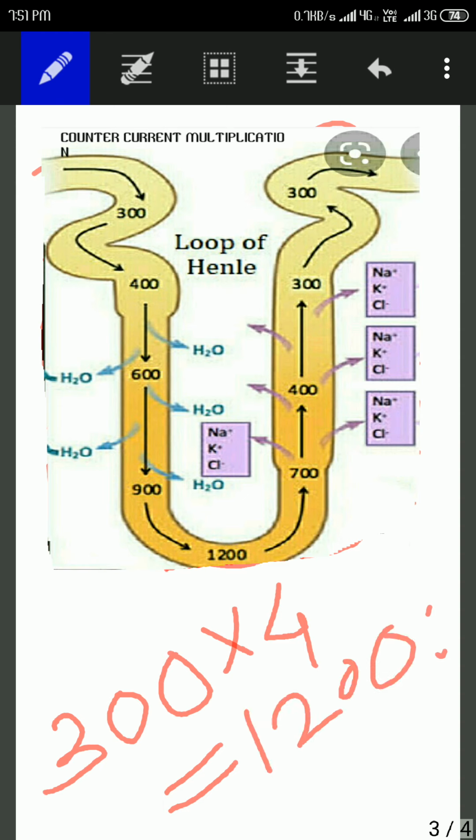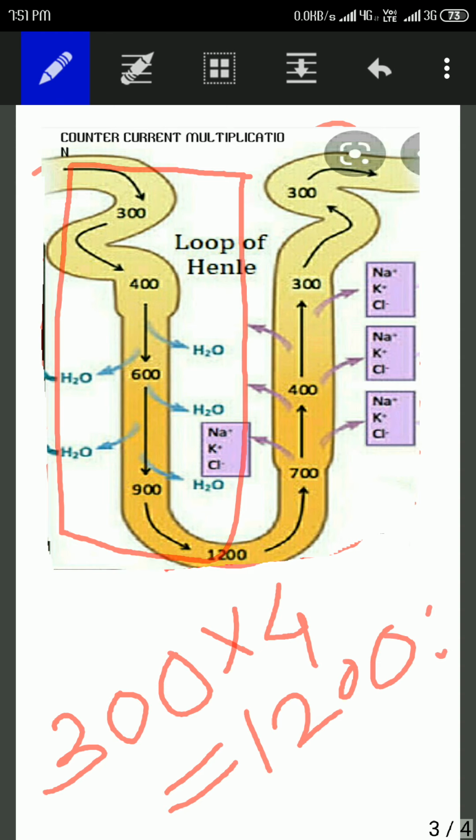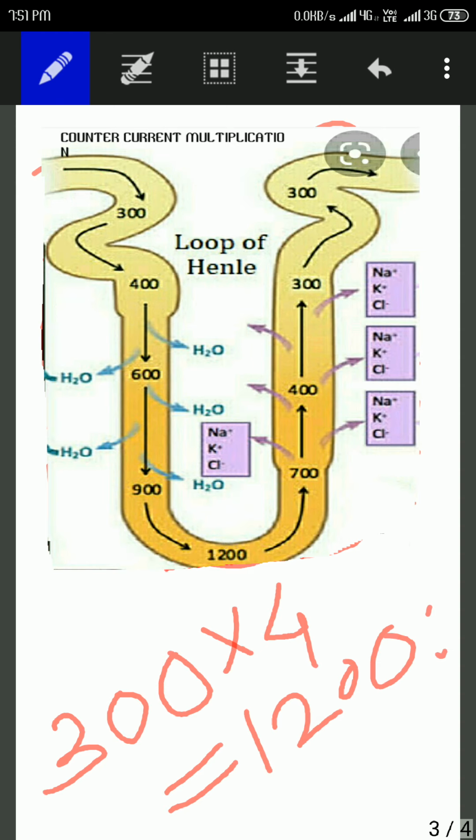This is counter current multiplication, where the fluid osmolarity has increased by 4 times. Clearly, counter current multiplication is the function of the descending part of loop of Henle. Further, we can also see the ascending part of loop of Henle. The ascending part is impermeable to water and permeable to solutes.